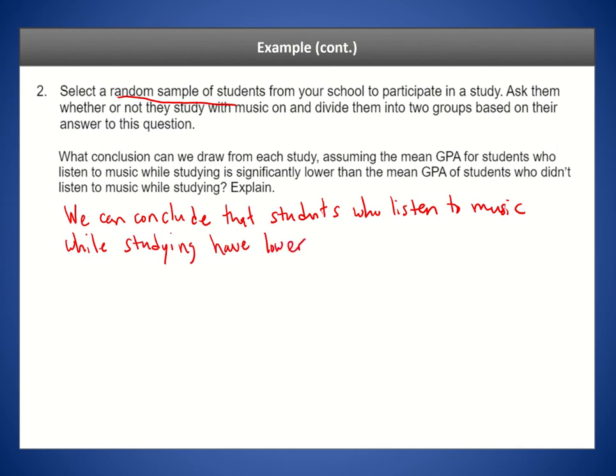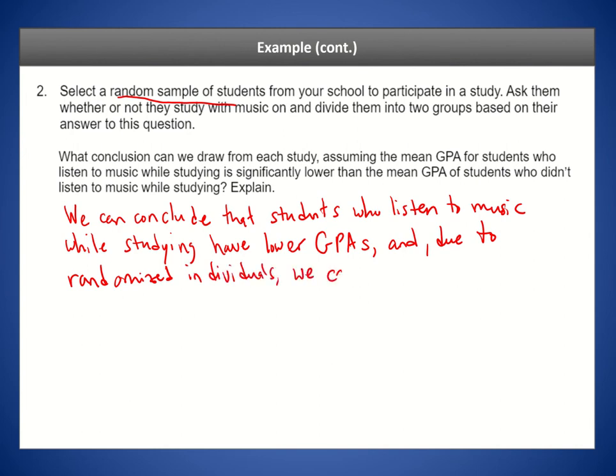Now, because we included this idea of random sampling, we can actually apply this to the general student body as a whole. So have lower GPAs and due to randomization, I'm going to say due to randomized individuals, we can apply this to the population, or we can infer this to the population.